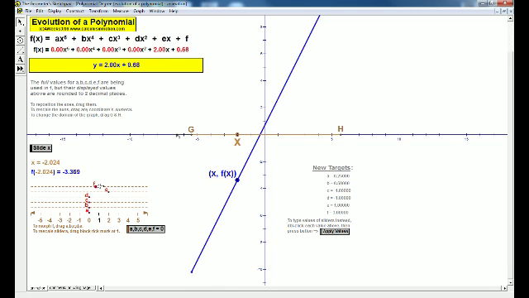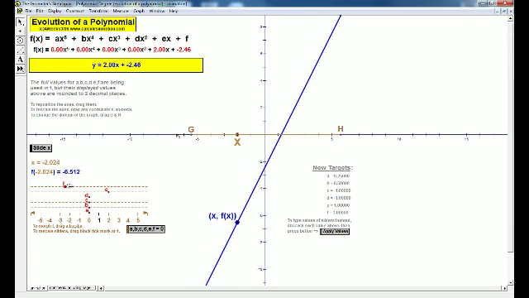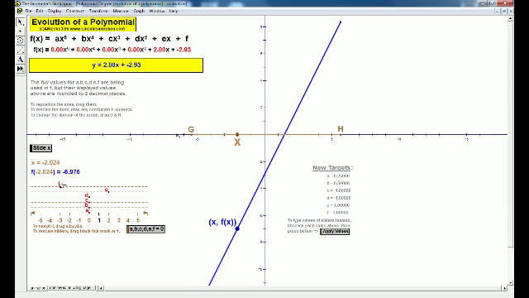Now I can change the y-intercept, right? 2x minus 3. Okay. That's a polynomial equation, right? Yes, because it has an exponent of x, right? What's the degree of this equation? 1. Degree 1, because that's the highest exponent, right?